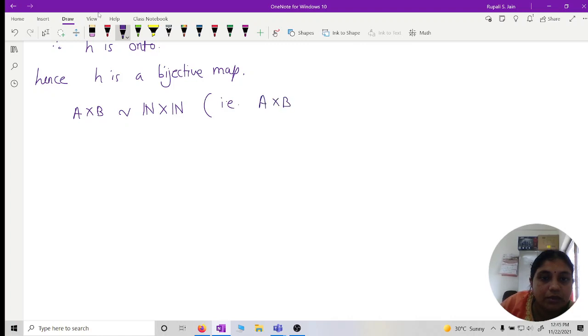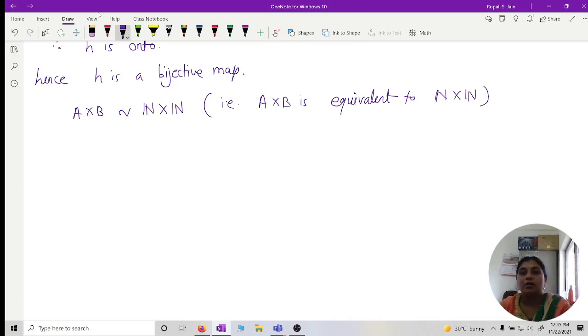A cross B is equivalent to N cross N. But N cross N is equivalent to N also.